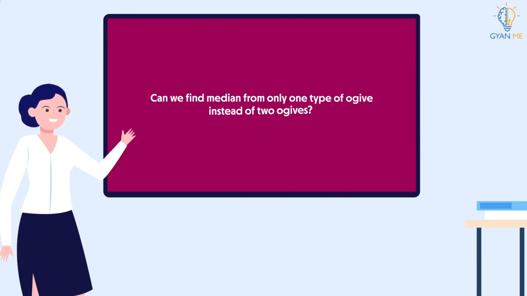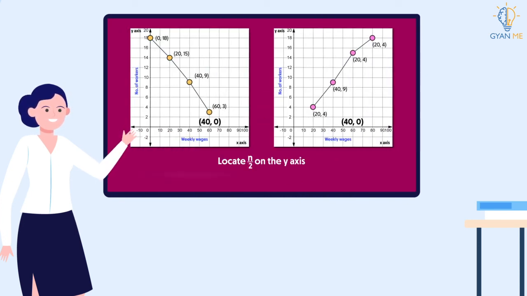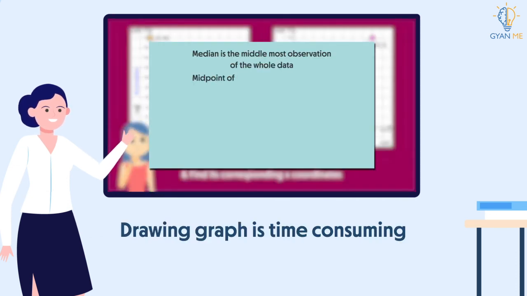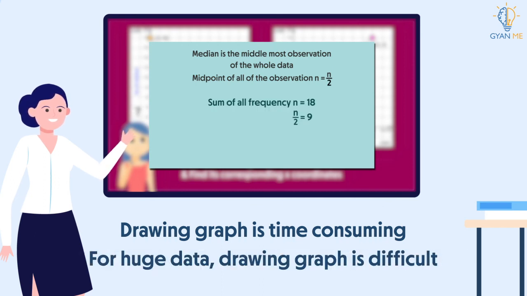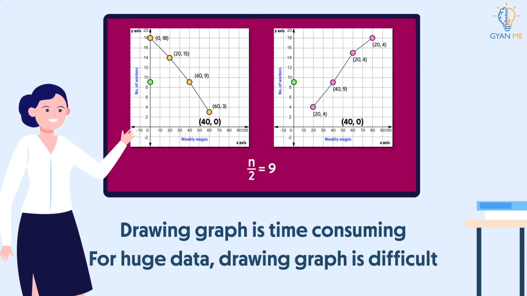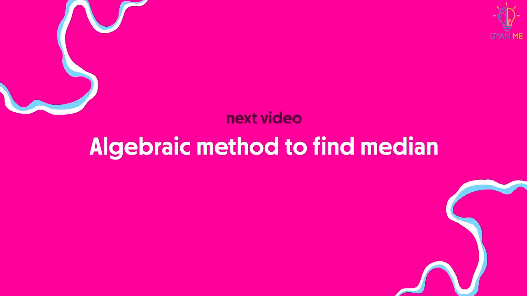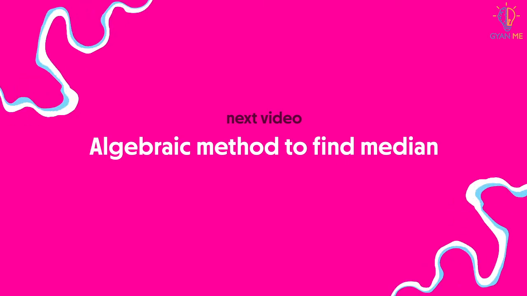And for median, sometimes we have to draw two ogives, so it becomes more cumbersome or time consuming to find median of such data. By chance, if data is huge, drawing graphs is difficult as well. So students, we will learn one such method of calculating median algebraically, that is using formula, in our next video.